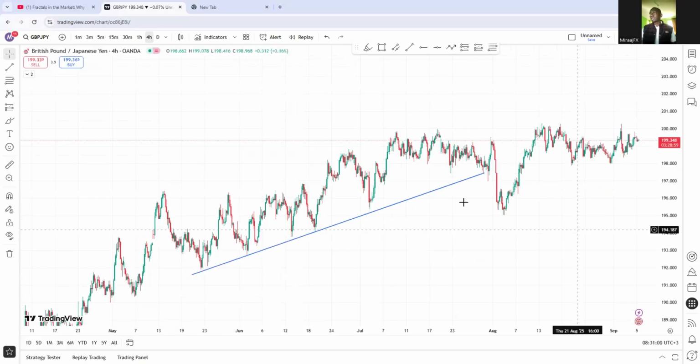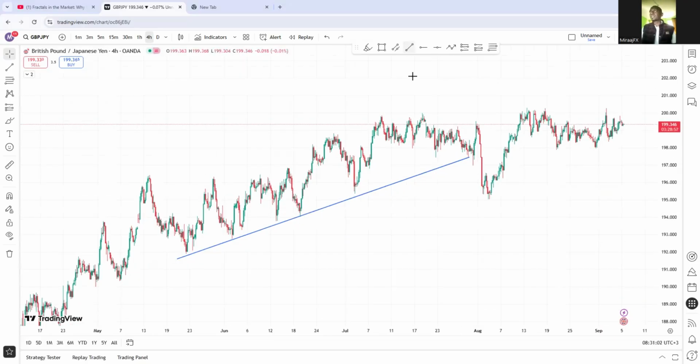And then from it, you can see that we had this amazing change of character here. And then after that, what happened? So this is the low that gave us that high. This is the swing high, then swing low, and then swing high, right?